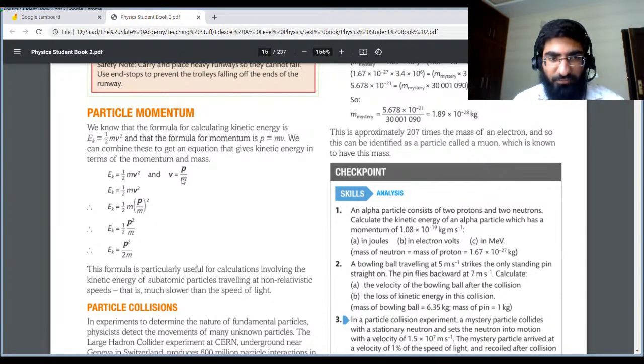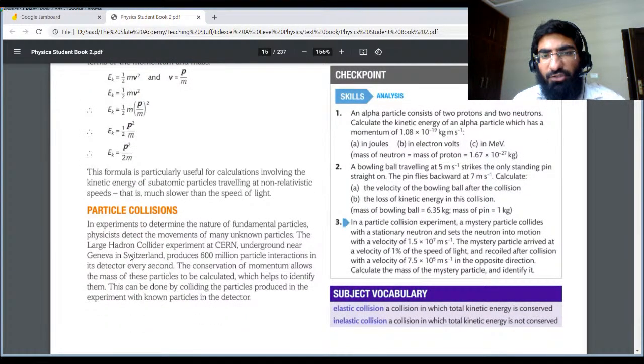I put this into the equation of kinetic energy, half m v squared, so it becomes half m times p squared by m squared. One m cancels the square in the denominator, and eventually kinetic energy is equal to p squared by 2m.